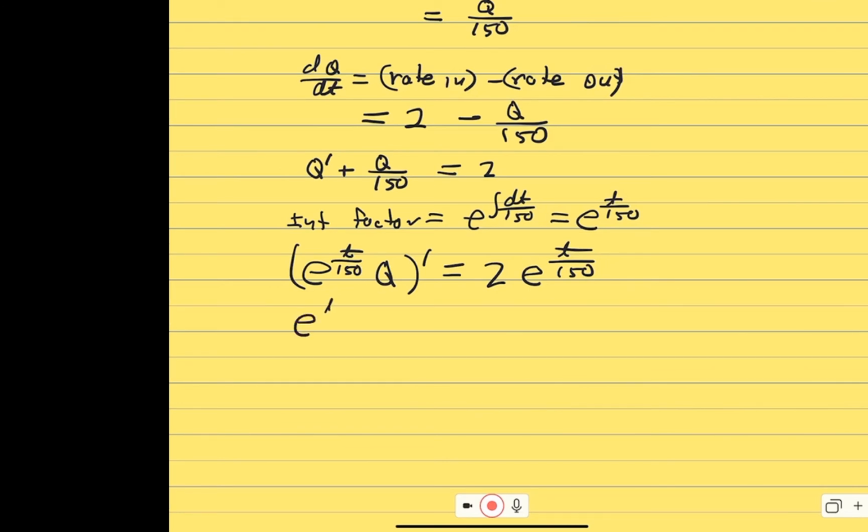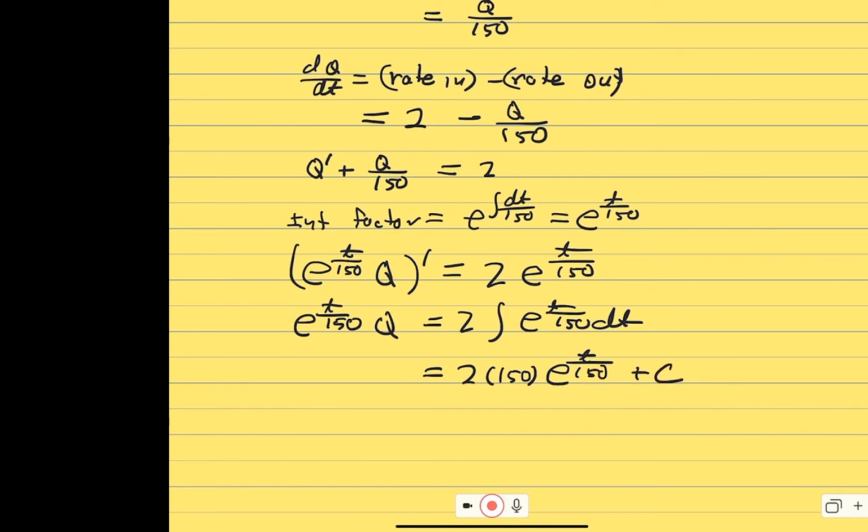Integrating, e to the t over 150 Q is 2 integral e to the t over 150 dt. So that's going to be 2 times 150 e to the t over 150 plus a constant of integration. And we can just check that.